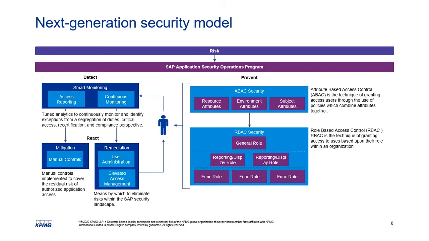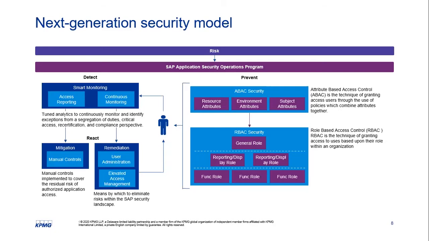And then you have your reporting and combination, which is a combination of display type access. And finally, you have your functional or task-based roles, which represent a granular group of abilities that perform similar maintenance action or function. Then on the left of the screen, you have your detect. This is the ability to identify violations and exposure to risk.